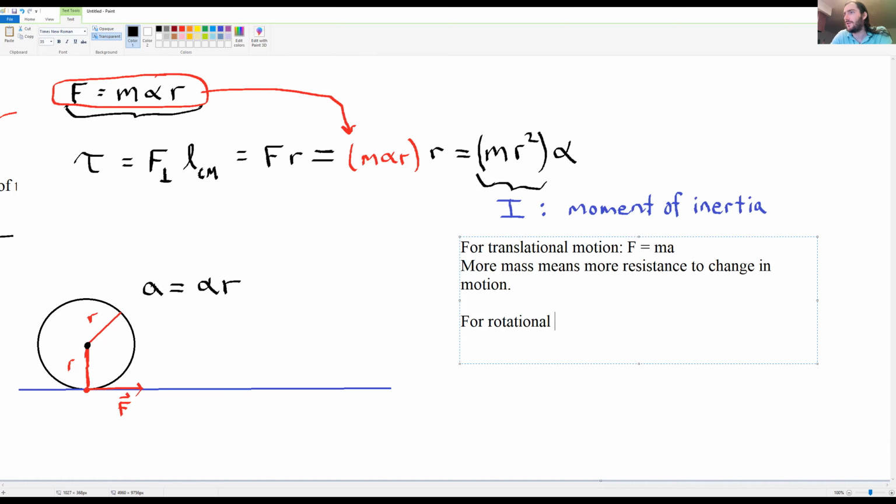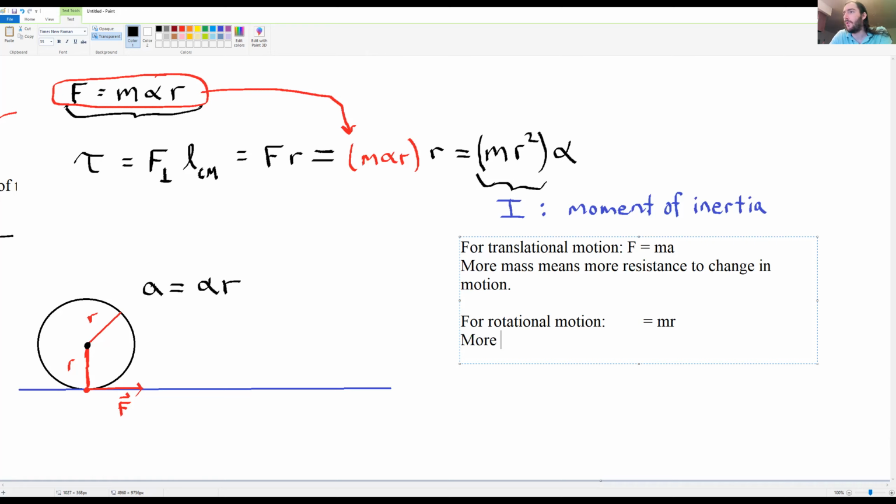For rotational motion, how am I going to write a tau here? That's going to be tough. Here's what I'll do. I'll just put it like this. I'm leaving some blanks in. I'm going to write them in here in a second with the actual pen.